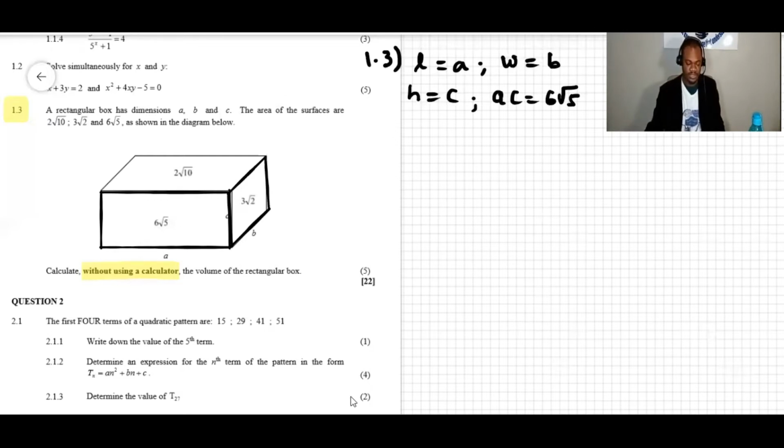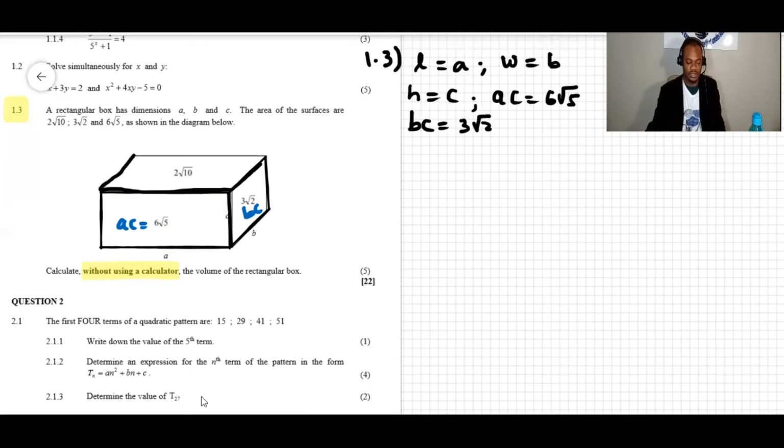Over here, I can just write AC is equal to that. And then BC will be 3 root 2. So this is BC.